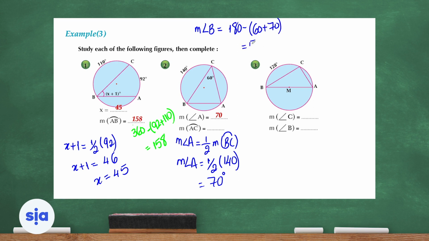So the measure of angle B is 50 degrees. Then arc AC is double the measure of angle B, so arc AC is 100 degrees because it's double the measure of its inscribed angle. So arc AC, its measure is 100 degrees.